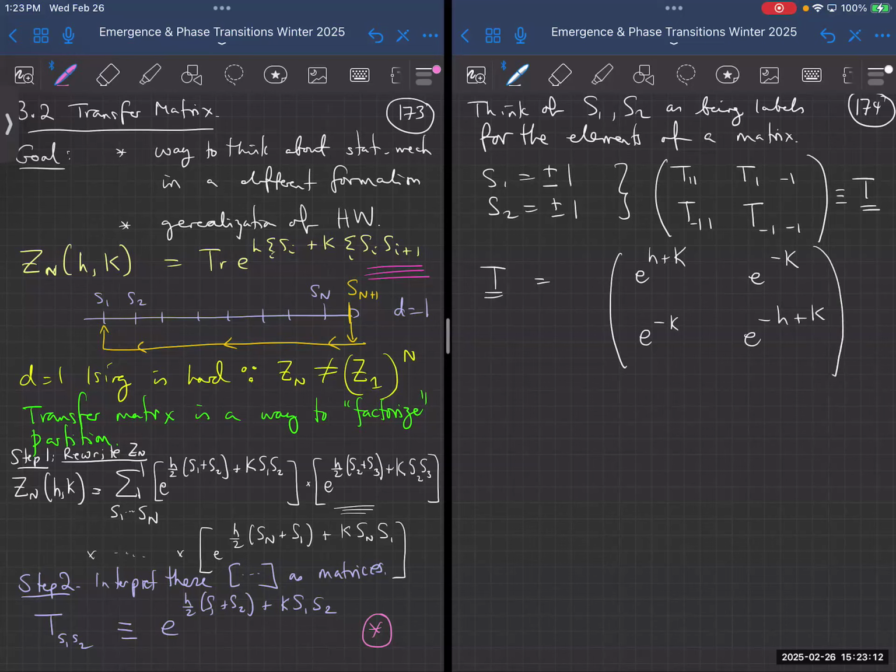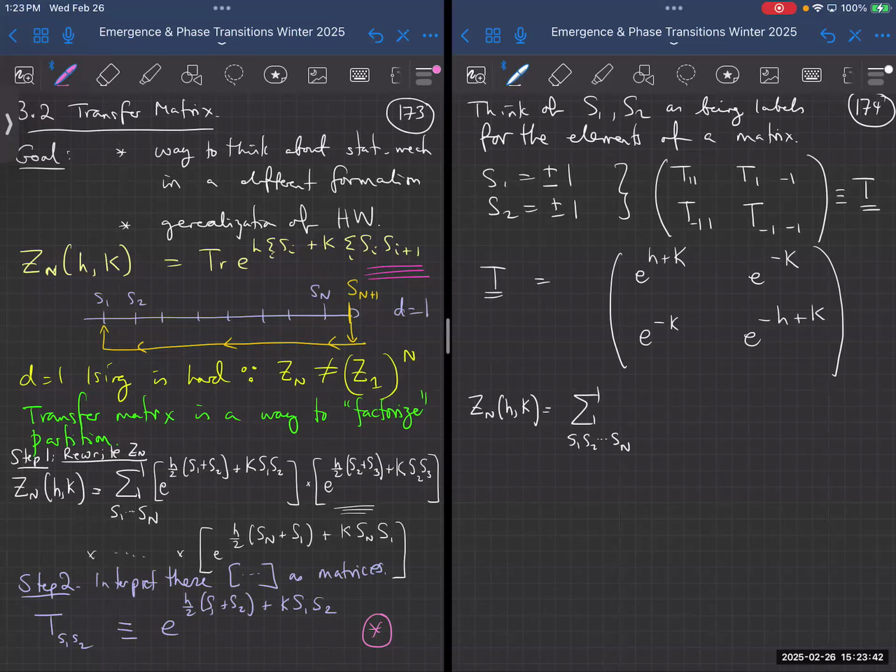Okay, so this is a matrix, and you could say, well, I defined this matrix, who cares? What's so good about this matrix? Well, here's the trick now. This is the clever part. If we were to write down what Zn is, I claim it looks like this. It's the sum over S1, S2, dot, dot, dot, all the way up to Sn. Okay, so I'm summing over those things.